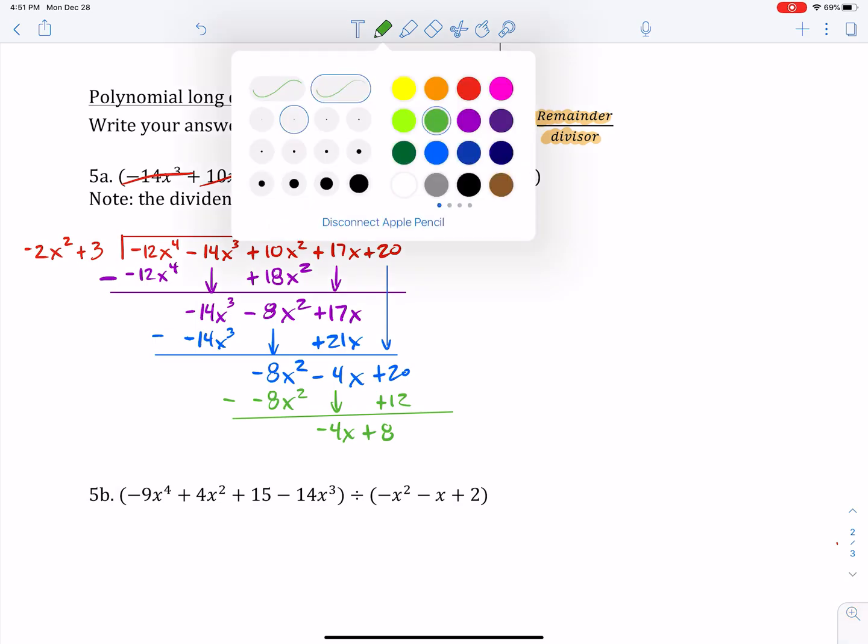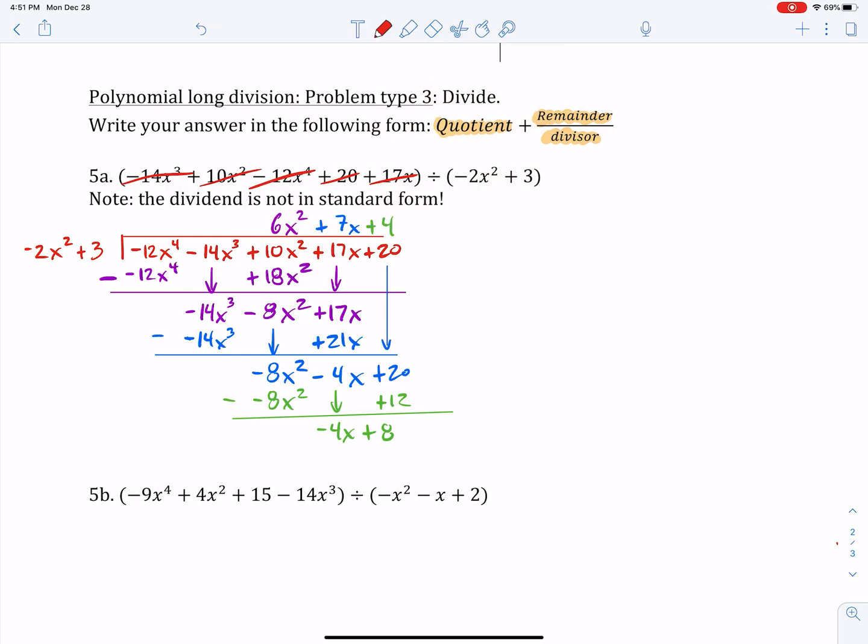So we first need to write our quotient. Our quotient is up there at the top. That is the 6x squared plus 7x plus 4. Now we also need to write then plus, kind of give it a little bit of space here, plus our remainder, which was negative 4x plus 8, all over our divisor.